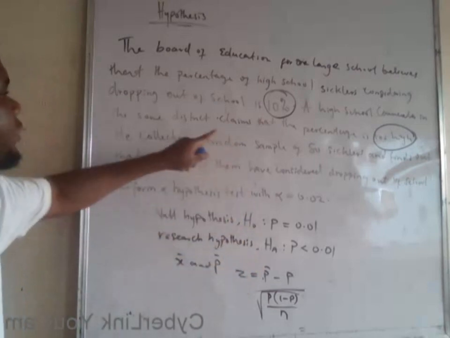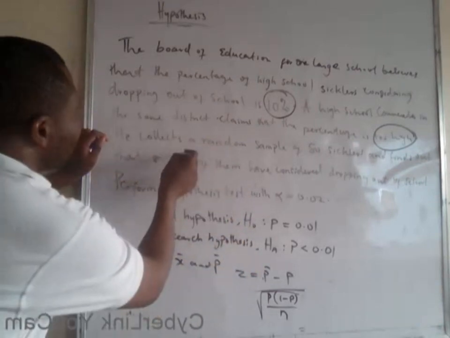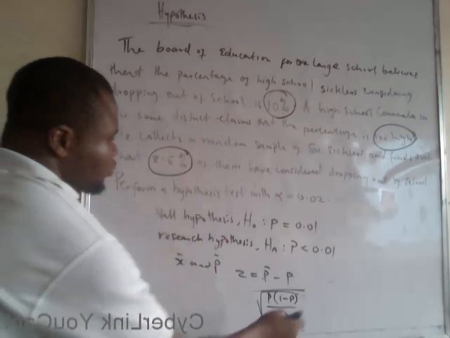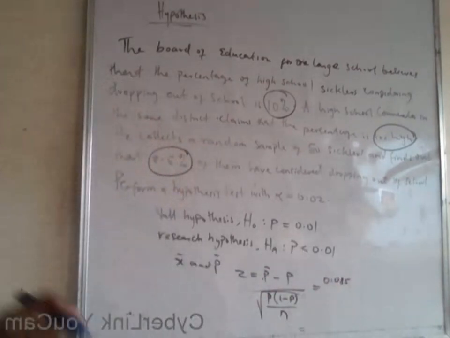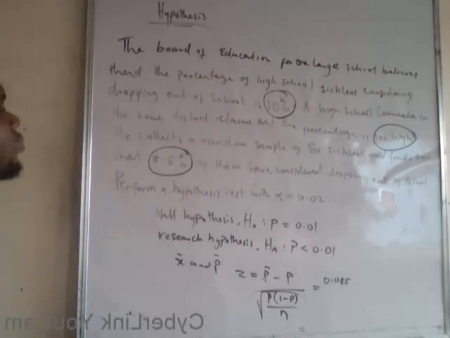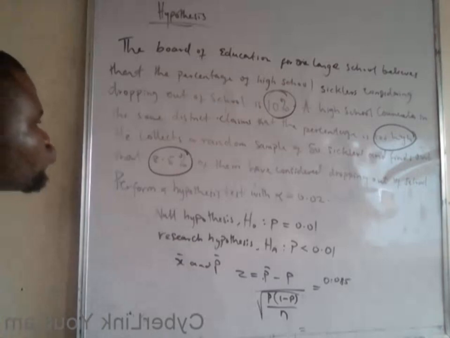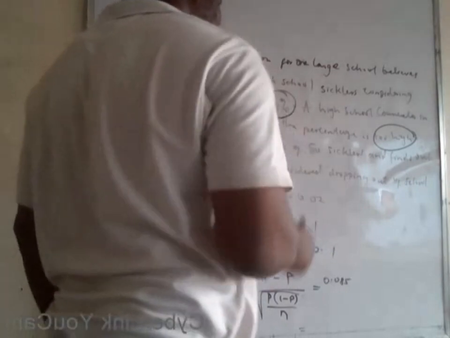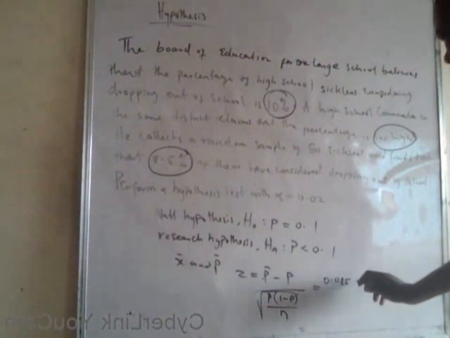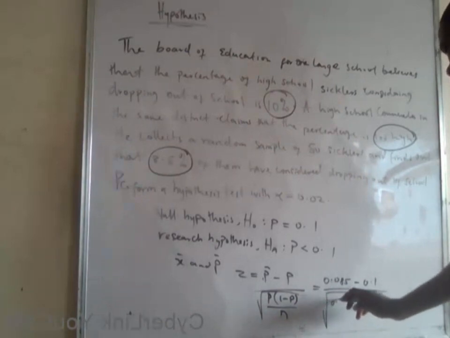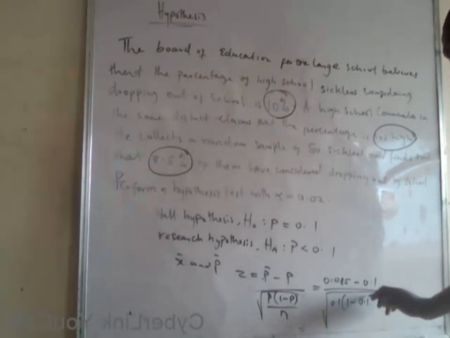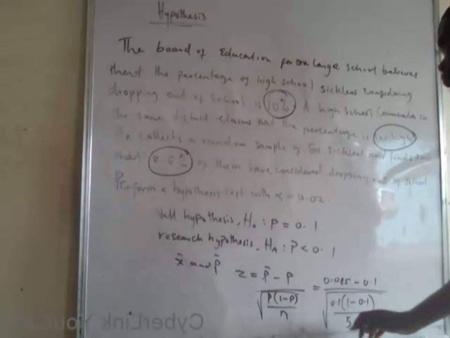Now, our P prime is 0.085, minus 10%, which is 0.1, over the square root of P times 1 minus P, over 50.